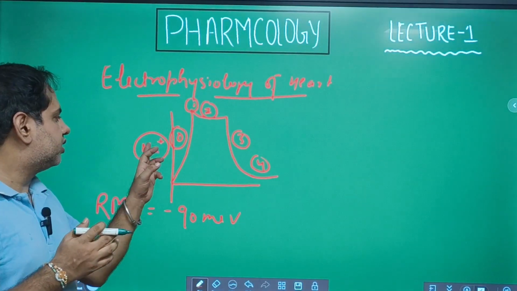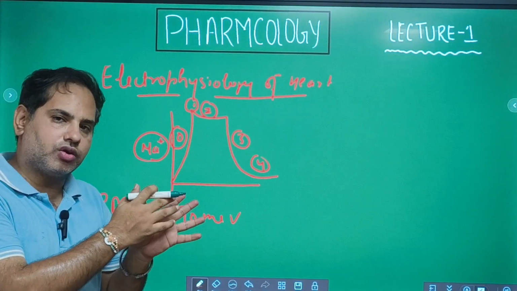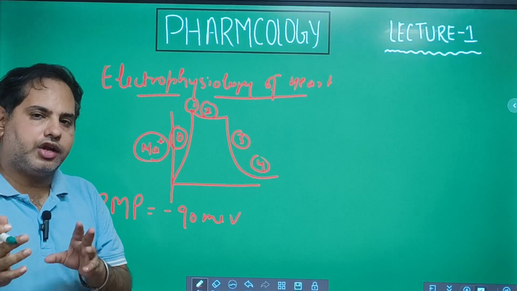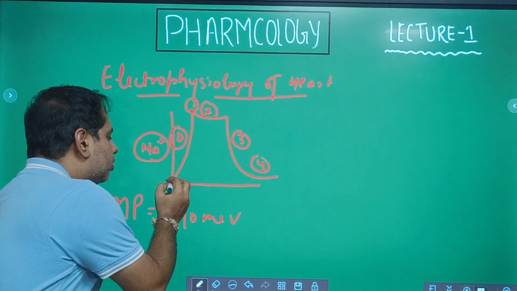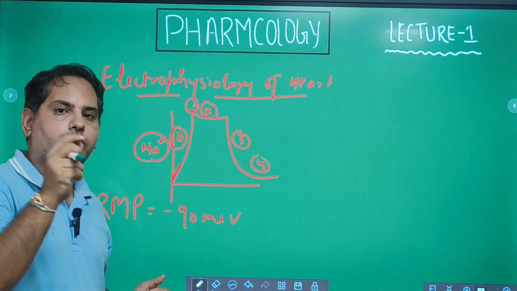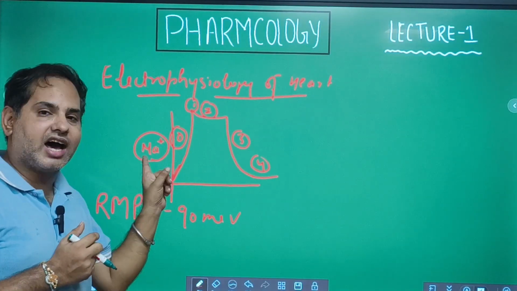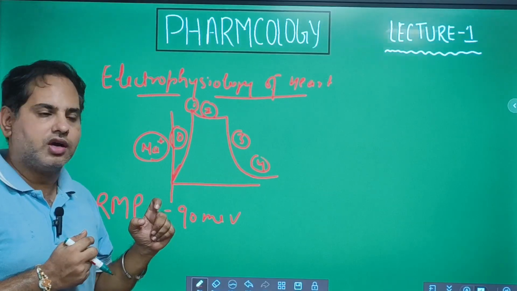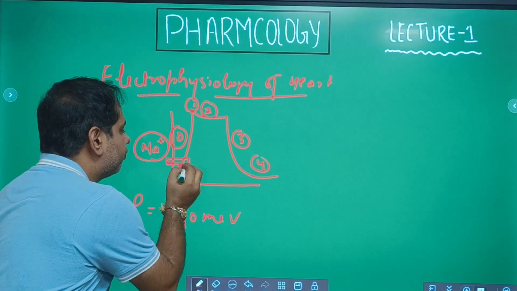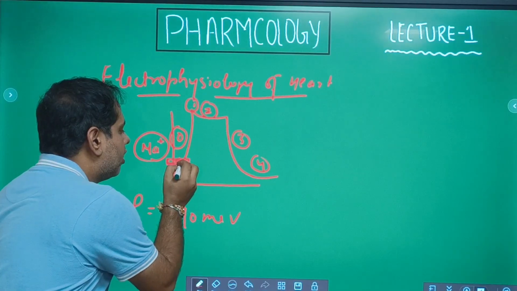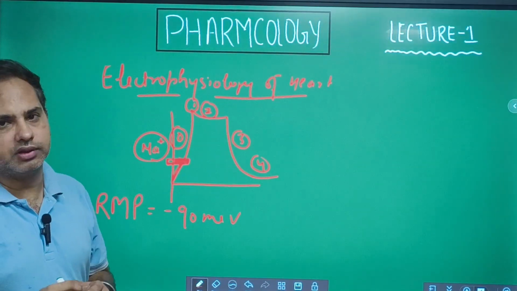Due to this movement, the membrane potential goes upward, or becomes less negative. Why? Because the charge on the sodium is positive. It will become less negative, and when it reaches the threshold value, then what will happen?